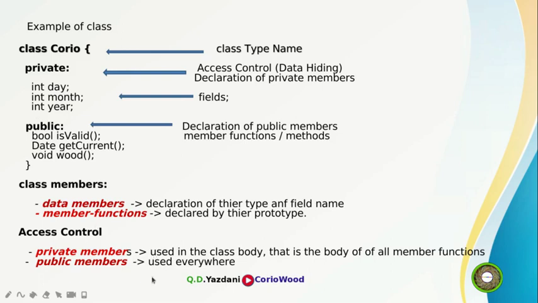Private members are used in the class body, that is the body of all member functions. So anything inside this class can access this private, otherwise no one outside the class can access this. This is exclusive, private, very secret inside the class. It means you can hide your data.